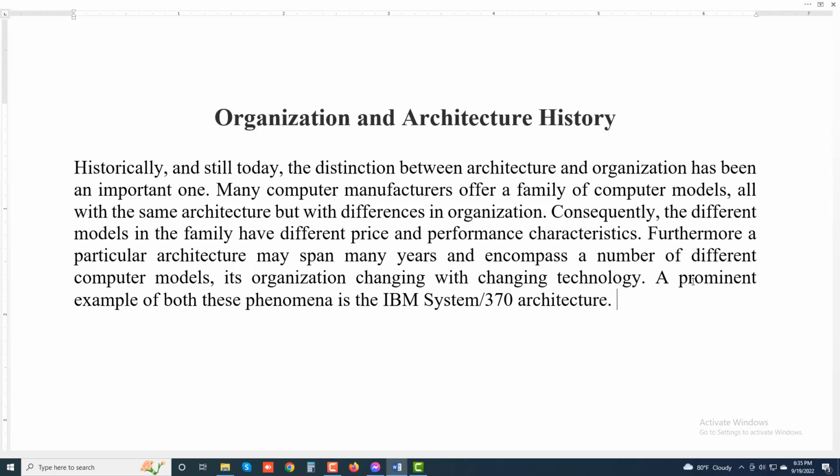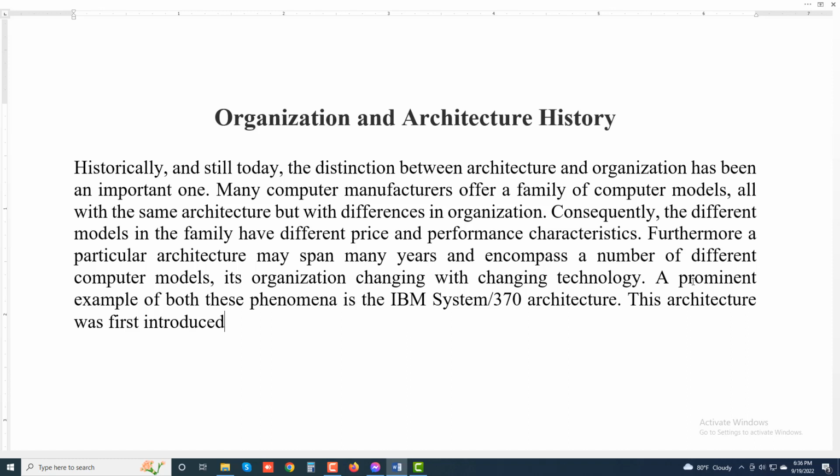This architecture was first introduced in 1970 and included a number of models.